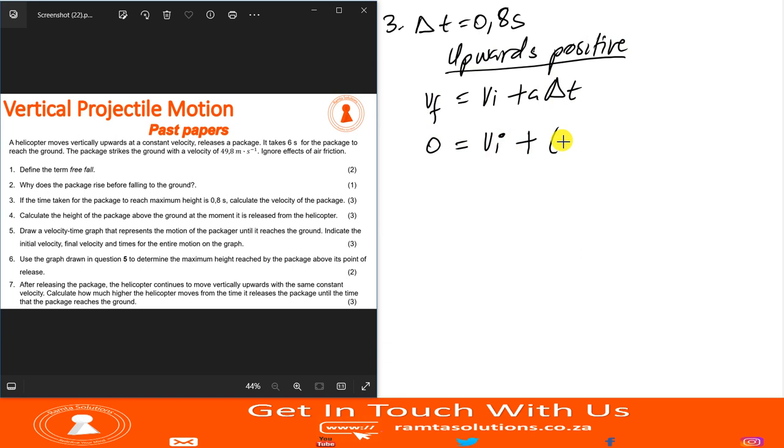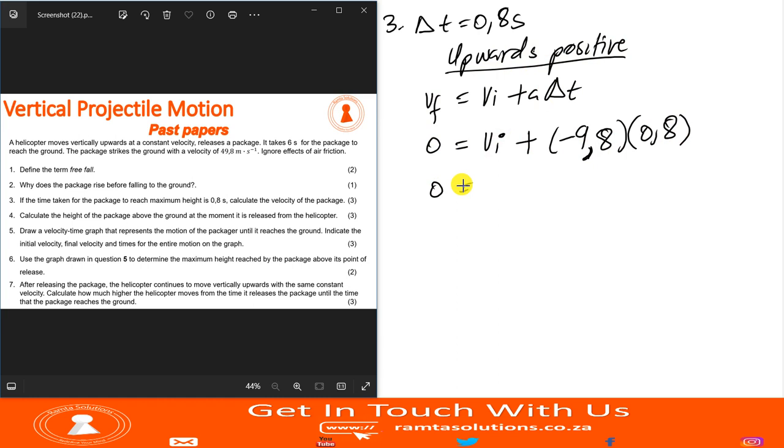What is the acceleration? It's 9.8 meters per second squared downwards, and since we chose upwards as positive, it'll be negative 9.8. What is the time? The time is 0.8.